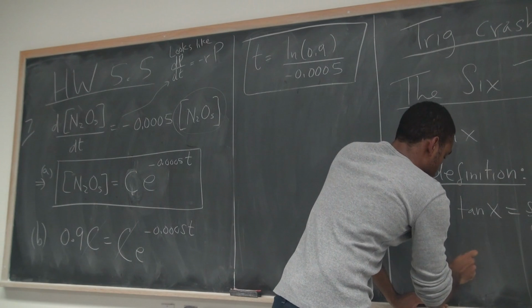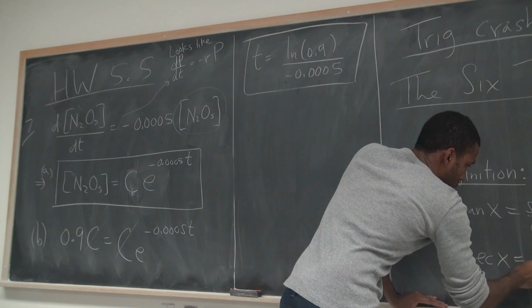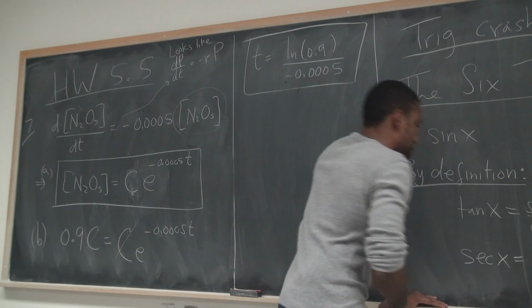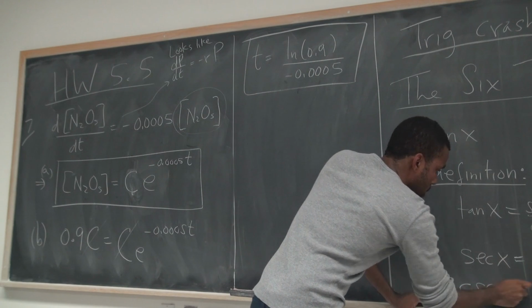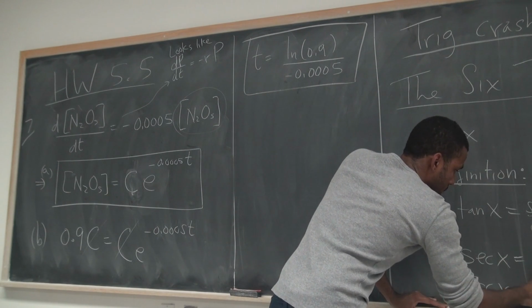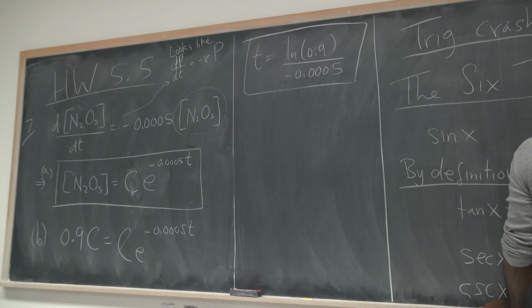We define the secant function, which is just 1 over cosine. We define the cosecant function, which is 1 over sine. We also define the cotangent function, which is 1 over tangent, or you can think of it as cosine over sine whenever convenient.